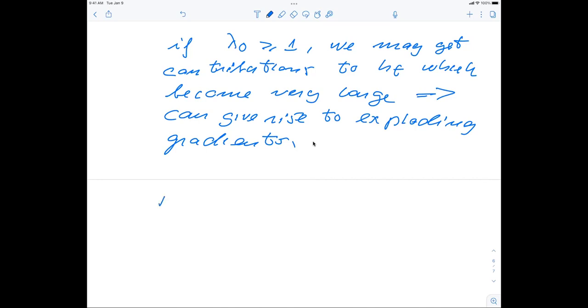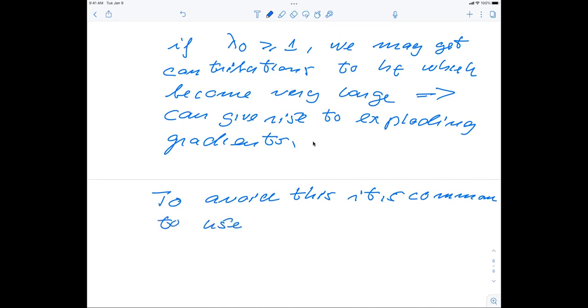To avoid this, it is common to use what's called gradient clipping.